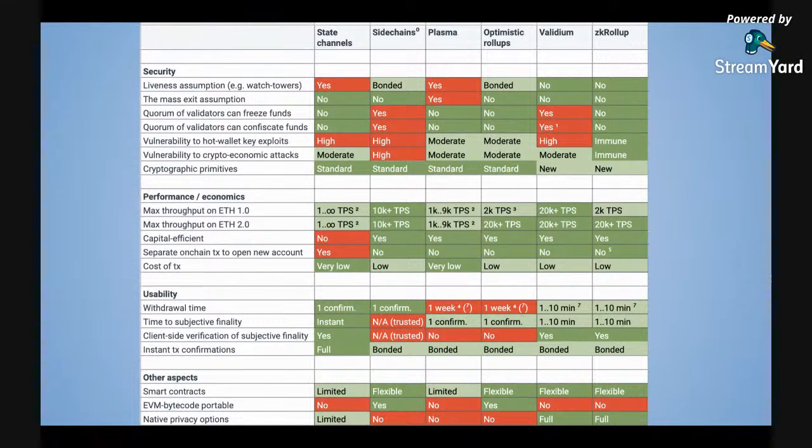Capital efficient. The one thing to note with state channels is you have to deposit the funds on the mainnet into a smart contract, and you can't make transactions that are greater than the value locked in the smart contract.